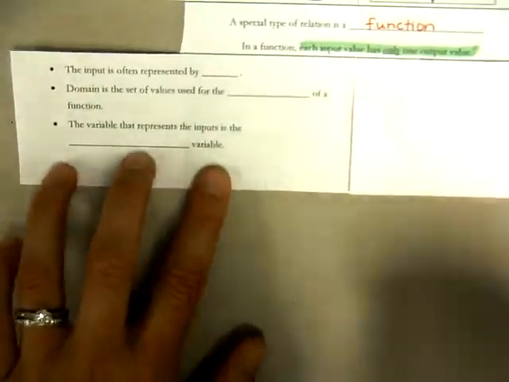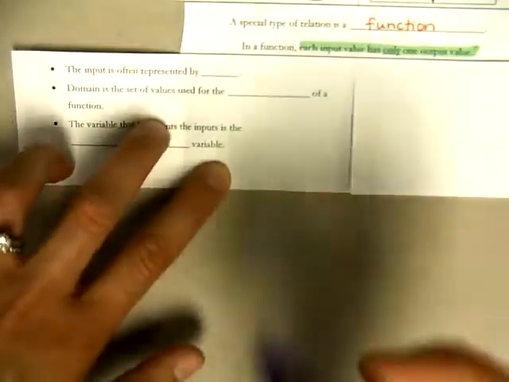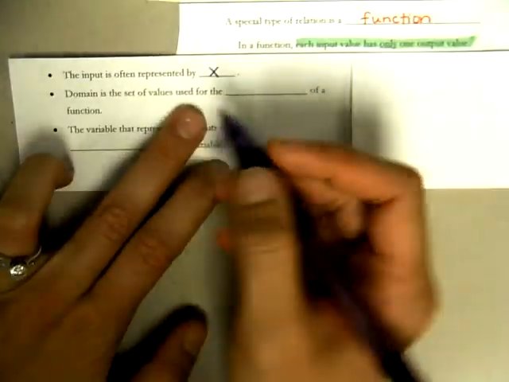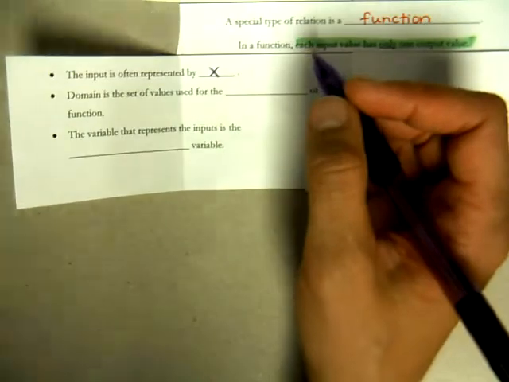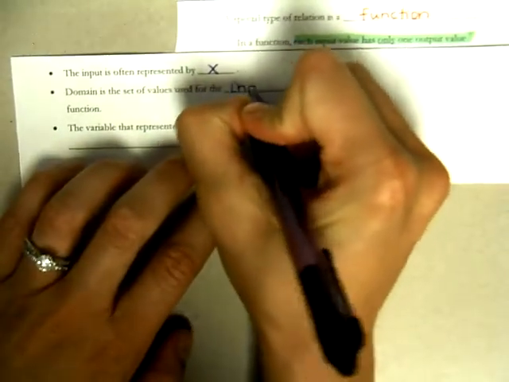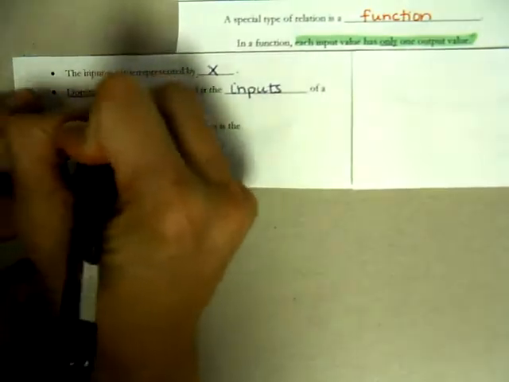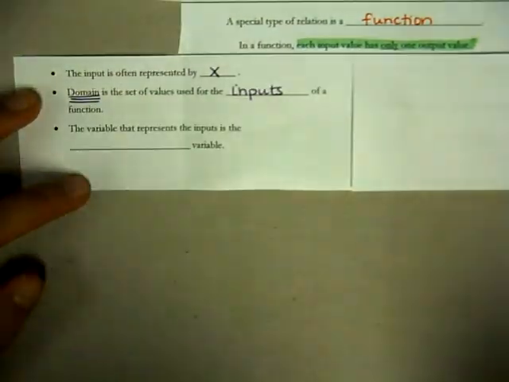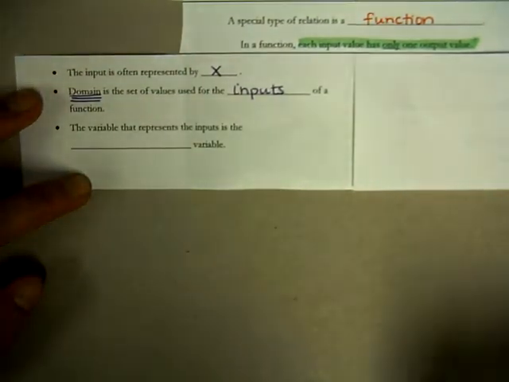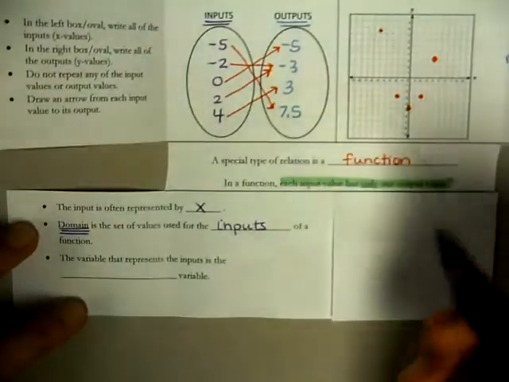All right, so scooching down here, if we open up to the left, it says the input is often represented by x. The domain is a set of values used for the inputs of a function. So I'm going to underline domain. That's going to be an important vocab term. So when we look at this relation here, you can look at any representation.